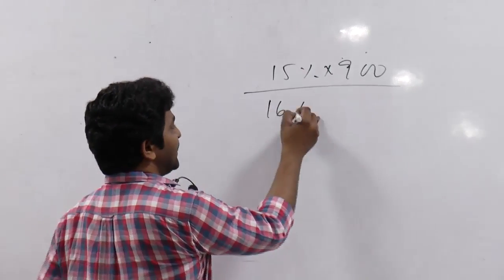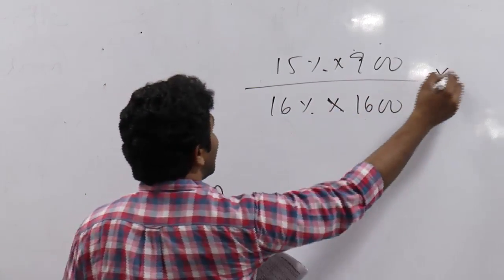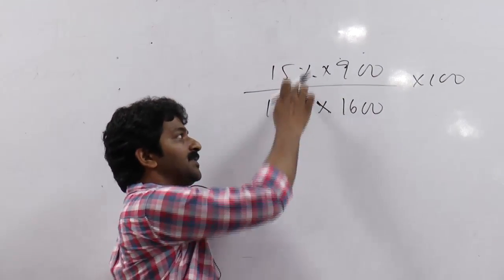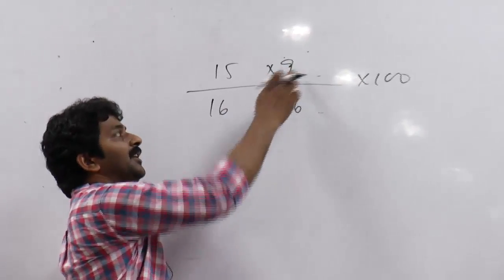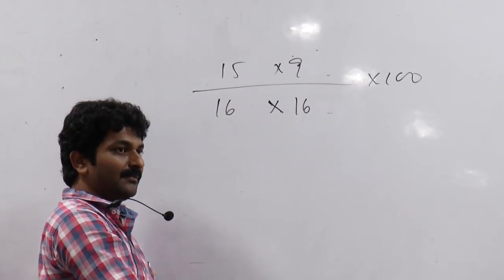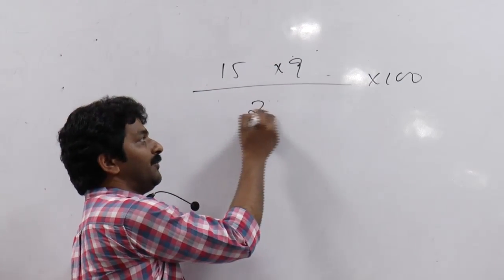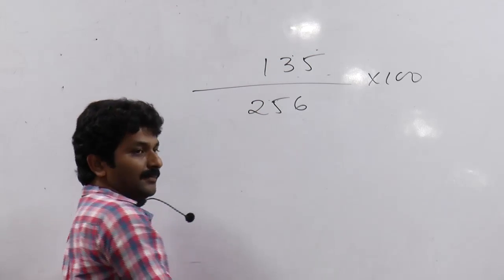How much is that? 16% of 1600. Percentage, so into 100. Two zeros cancel. 15 nines are 135. 10 times and then half of it. 16 squared is 256. Denominator 256 and numerator is 135.